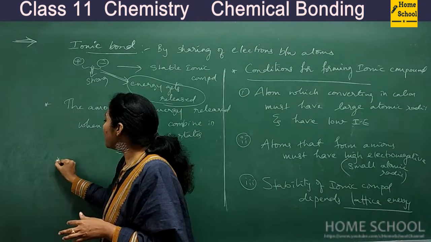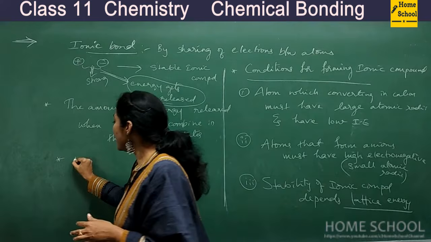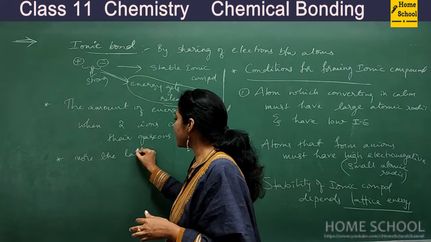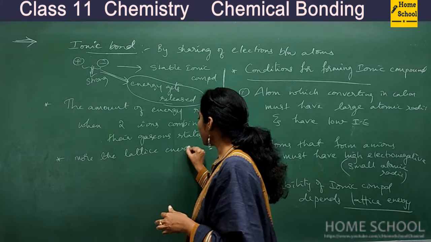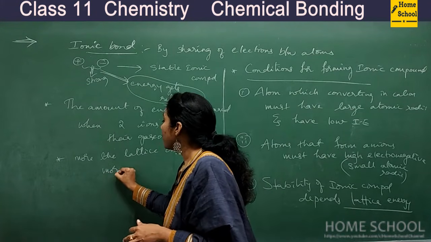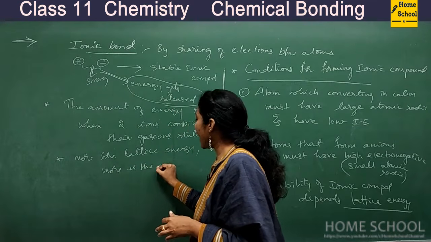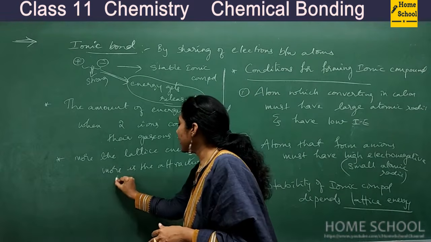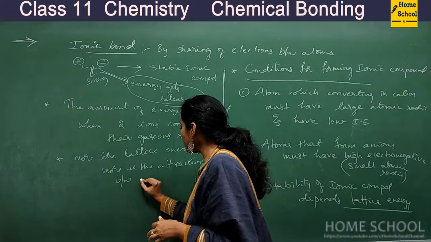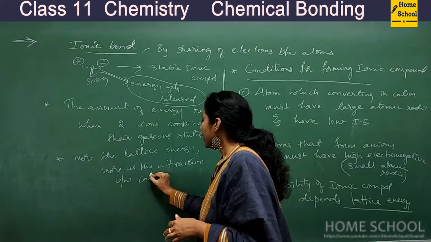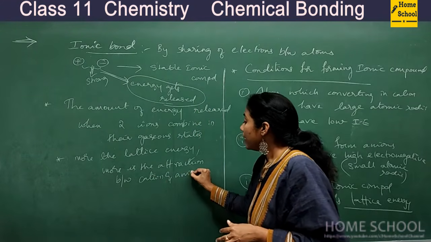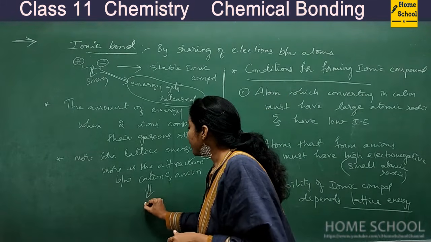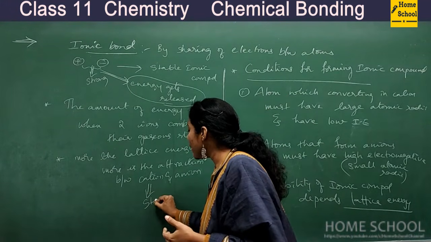Another point I would like to mention here is that the more the lattice energy, the more the attraction. This point is very, very important, guys. The more the attraction between cation and anion, the more stable that particular ionic compound is.